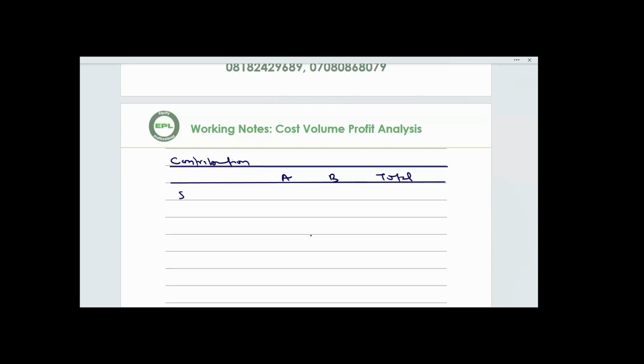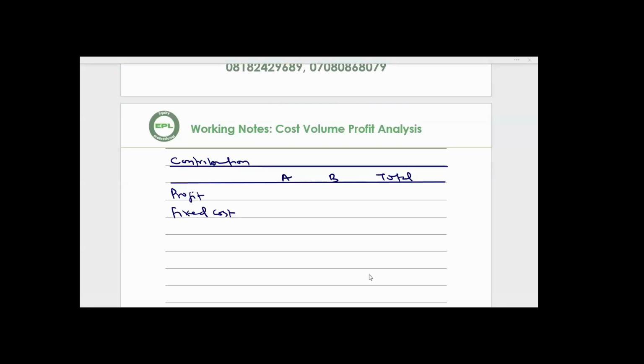I don't want to follow this step. You know, contribution is profit plus fixed cost. So contribution is profits plus fixed cost. That's what you should do. This one will be faster. So I will then go back to the question, what's the profit for A?